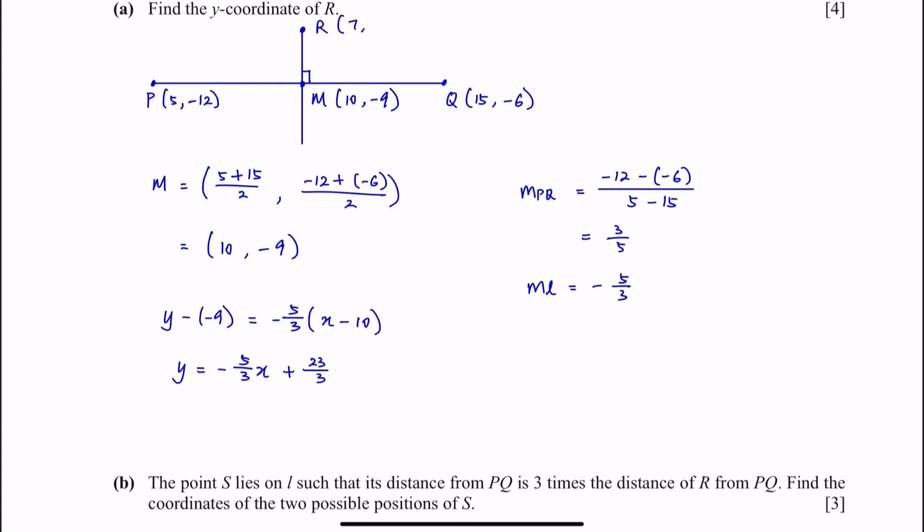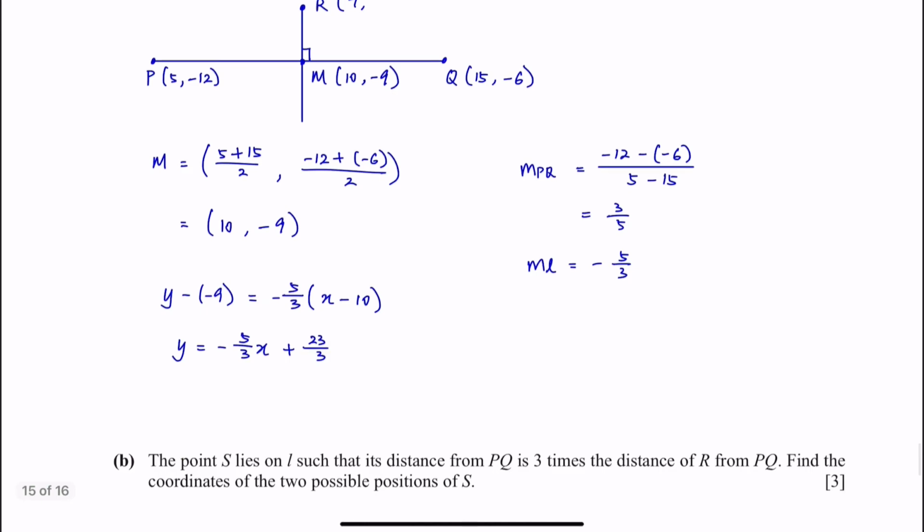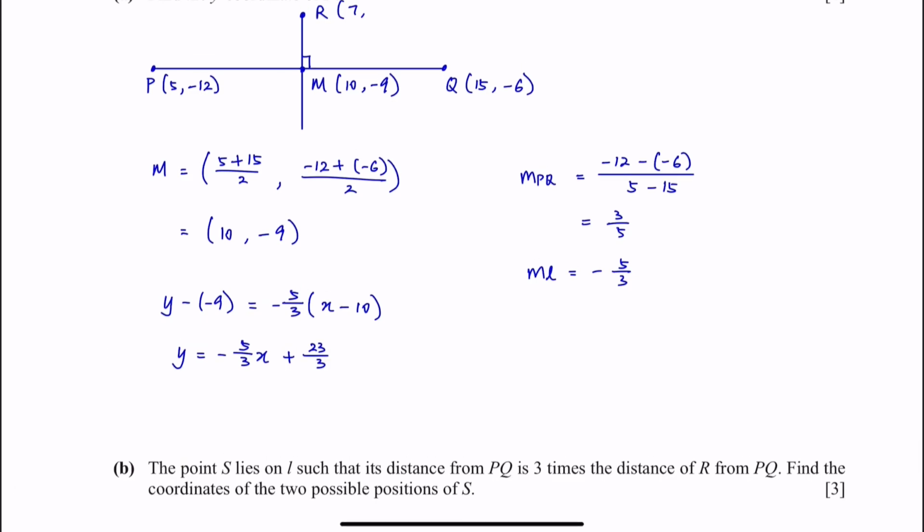This would be the equation of line L. And to find the y coordinate of R, we just sub x equals 7. So -5 over 3 times 7 minus 23 over 3 would give us -4.